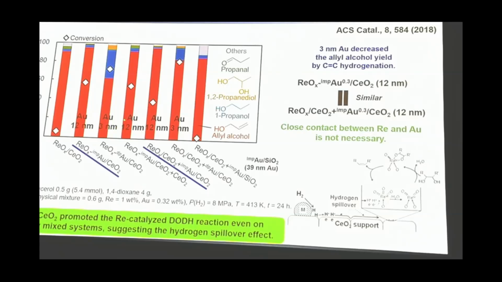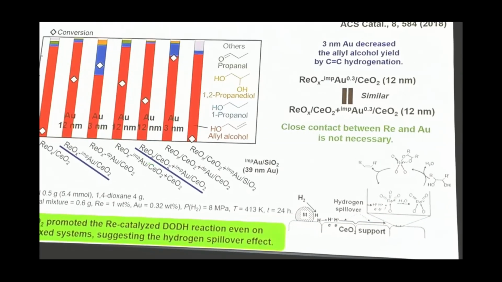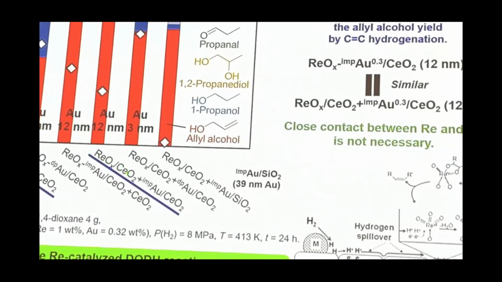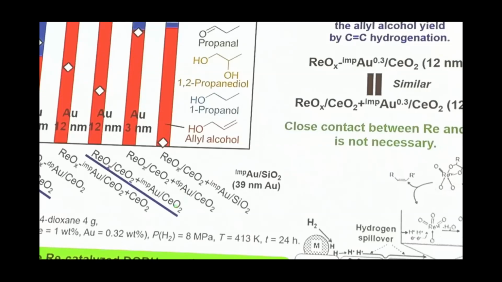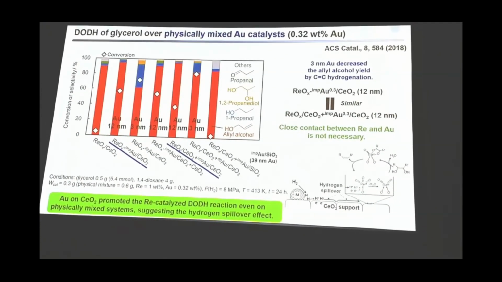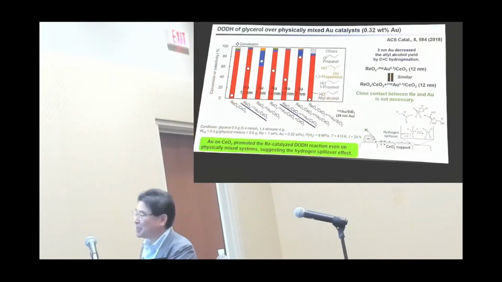And in the case of 12 nanometers, the rhenium gold ceria, and the rhenium ceria plus gold ceria catalyst, we are thinking that these activities are almost the same. Therefore, the rhenium gold ceria activity is similar to the case of the physically mixed catalyst.